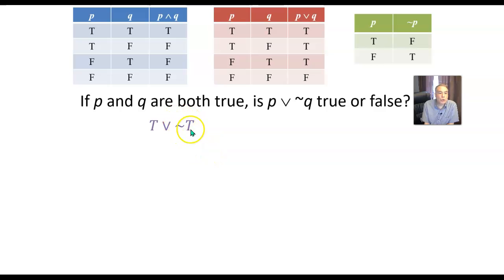Well, not true, the negation of true, would be false. So this equals true or false. And what is the value of true or false? Well, it's equal to true. So that's the answer. If P and Q are both true, P or not Q has the value true.